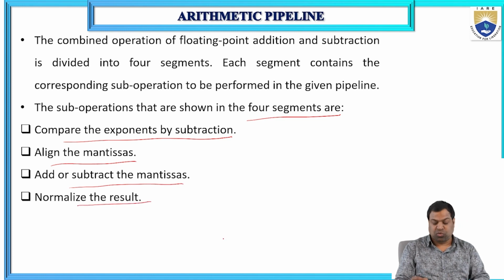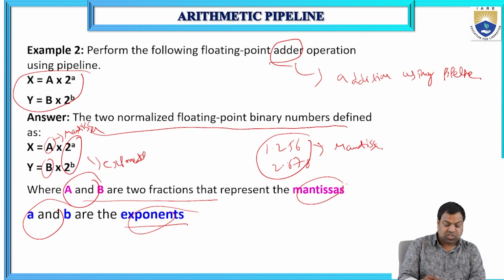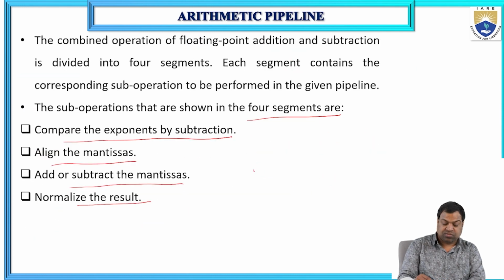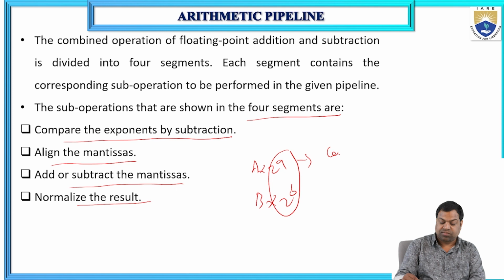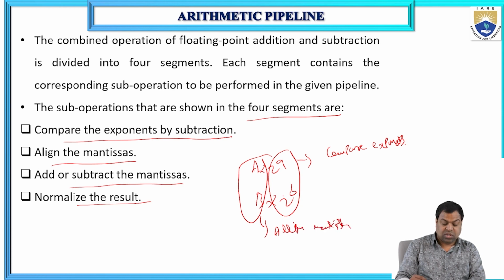First compare the exponents. Then align the mantissas. Then add or subtract the mantissas, which means balancing the mantissas.